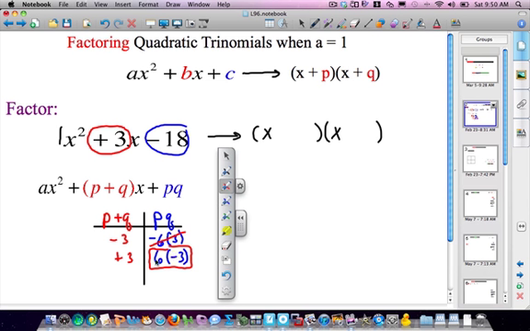We've found p to equal a positive 6, so we're going to write a positive 6 in the p's position, and we found the q to equal a negative 3, so we will write negative 3 in the q's position. And now we're done factoring. We have factored x squared plus 3x minus 18 into two linear binomials, x plus 6 and x minus 3.